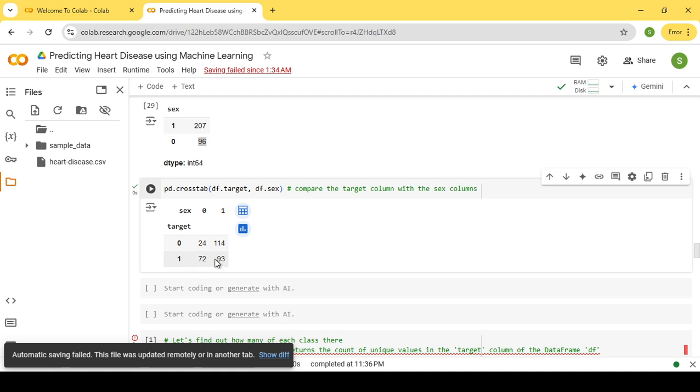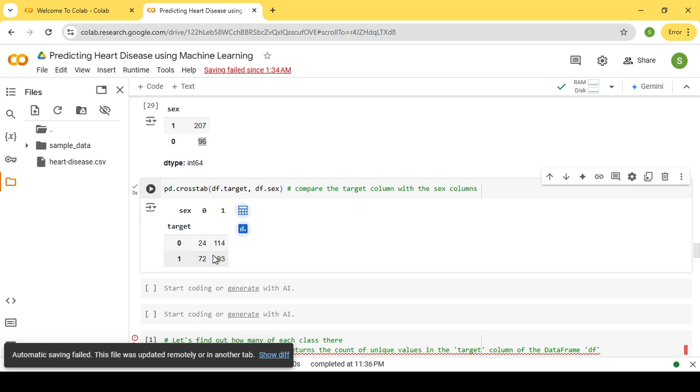We can conclude that this function has returned the comparison of the two columns, the target column, which is the heart disease indicator, and the sex column, which includes males and females. It shows the relationship between the target variable, whether or not the person has heart disease, and sex.